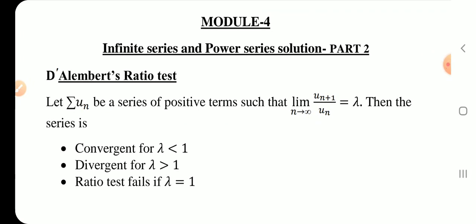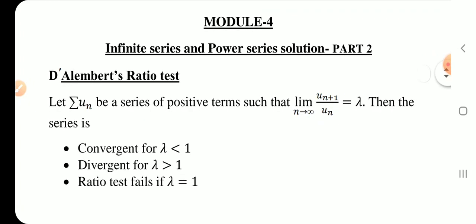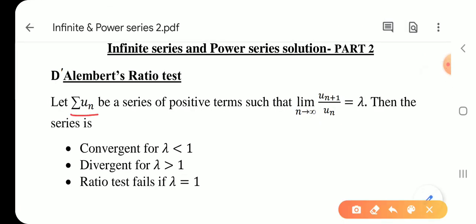If a series sigma un is given, and if the series is a series of positive terms, then the limit of n tends to infinity, un plus 1 by un is equal to lambda. Let me explain this.